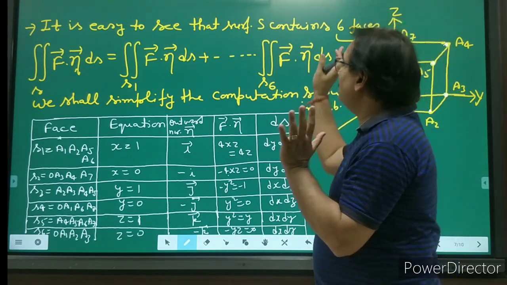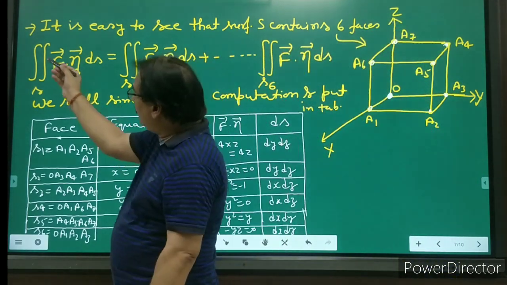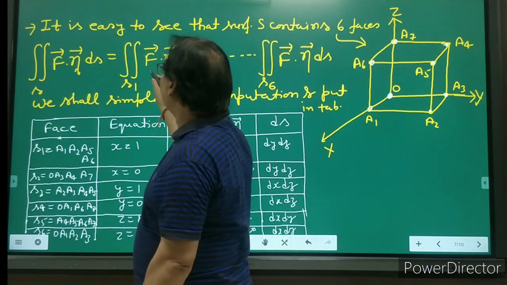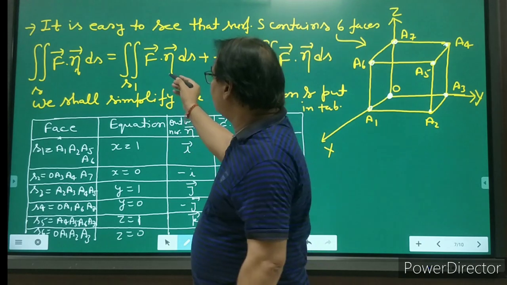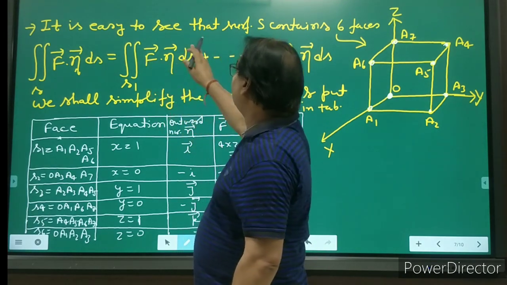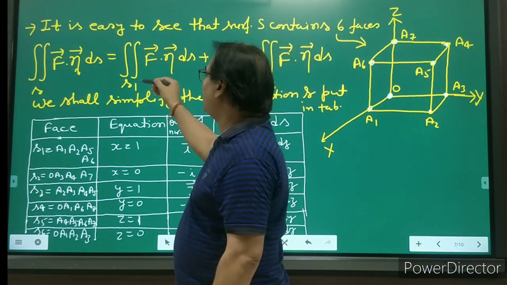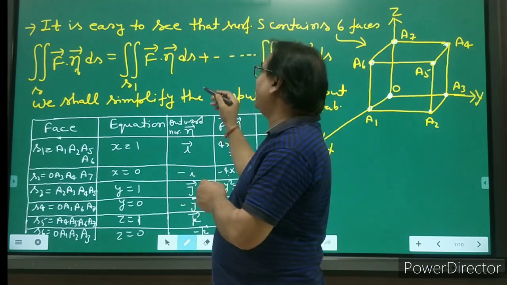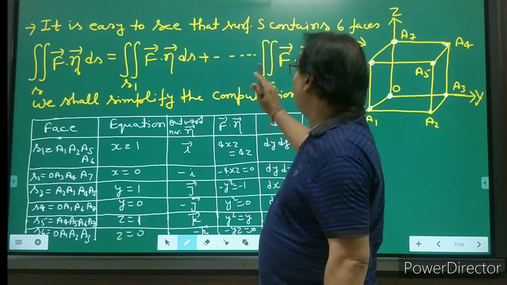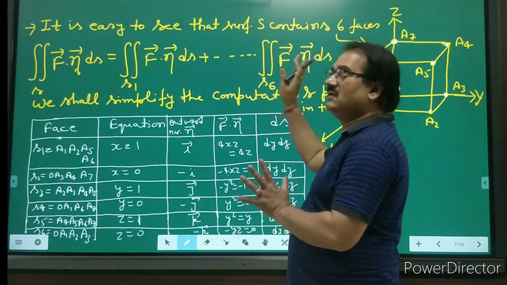The surface integral is the addition of 6 different surfaces: over S1, f dot eta ds, plus over S2, double integral f dot eta ds, up to S6. You have to write all the surfaces.